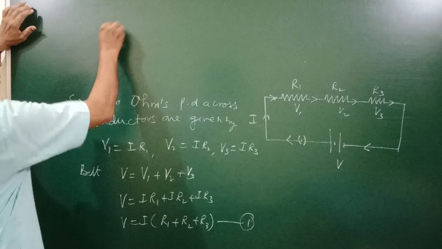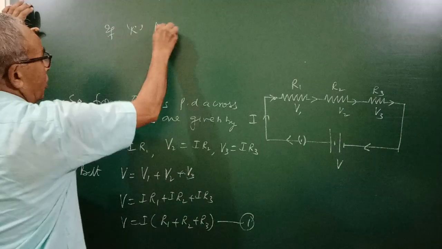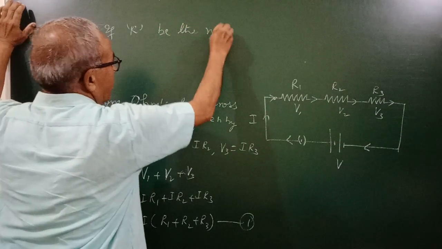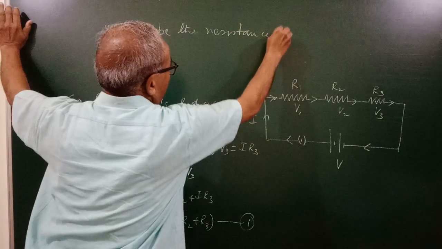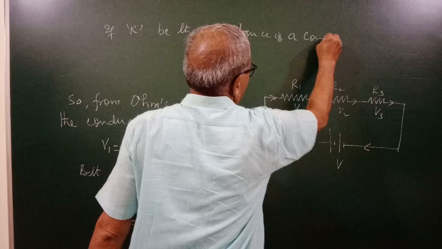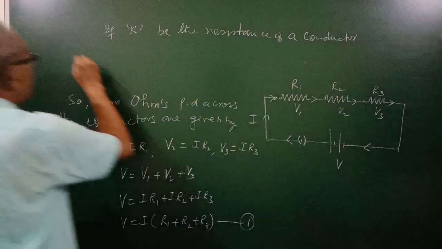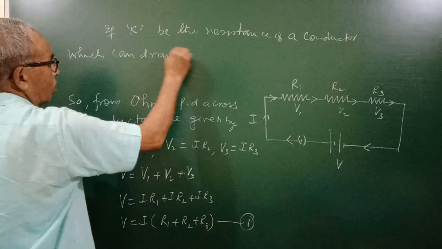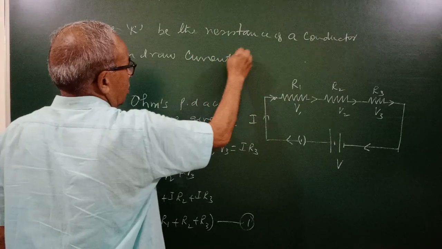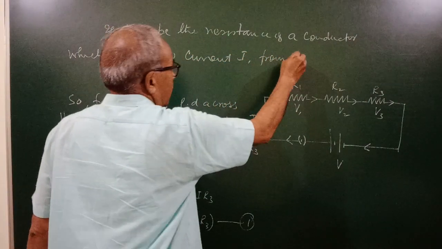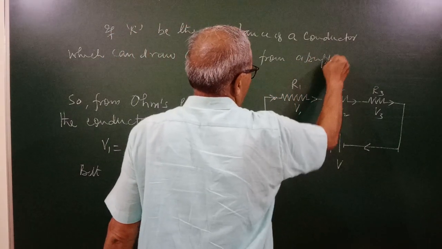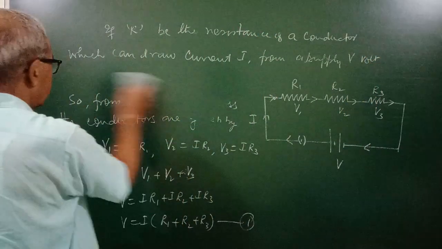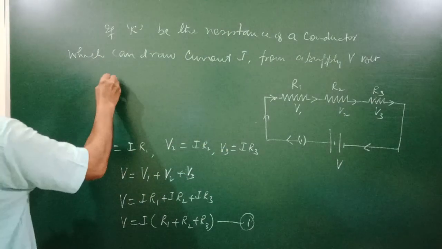So if capital R be the resistance of a conductor which can draw current I from a supply of V volt, then we can write V equal to IR.